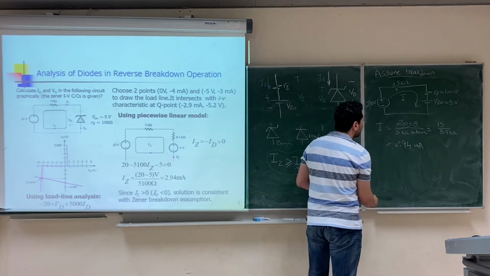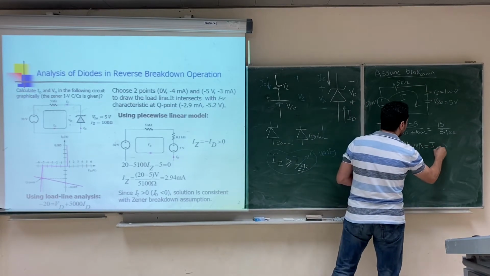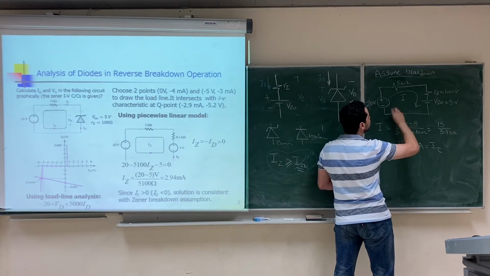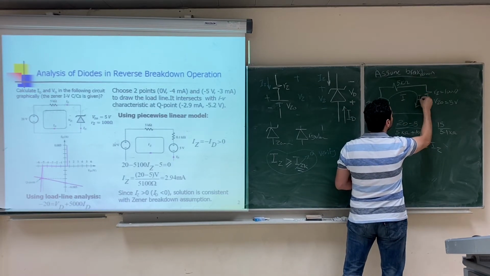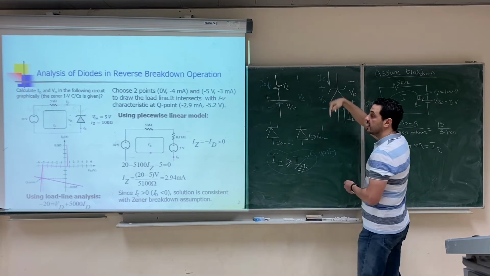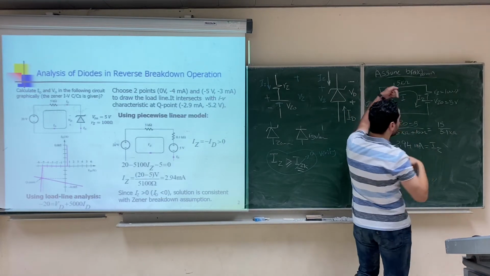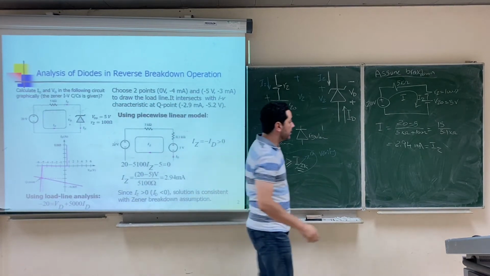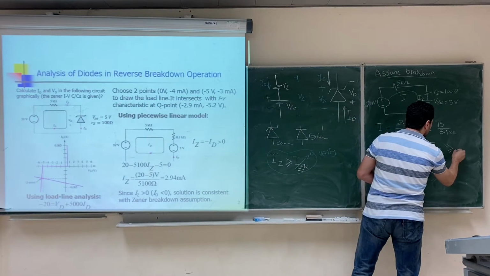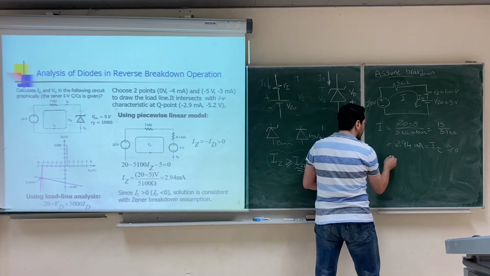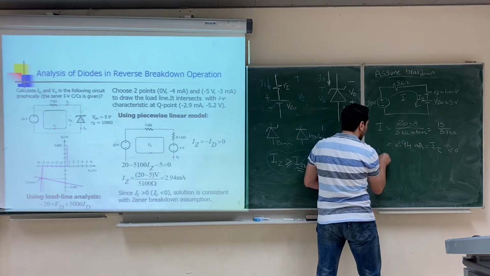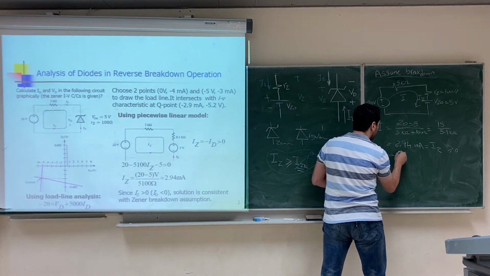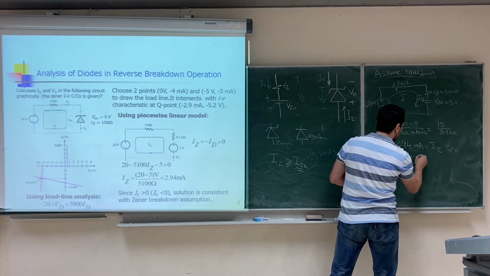As we see here, the current I in the circuit is the same as I Zener in the diode, going in the opposite direction of the battery. So I Zener is greater than 0, and we say that our assumption is correct.